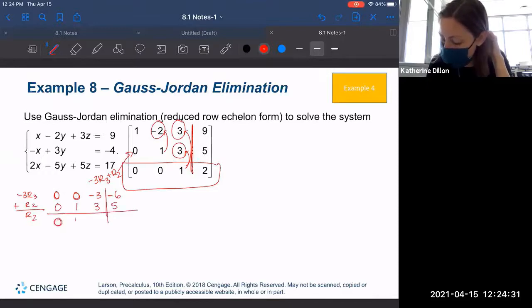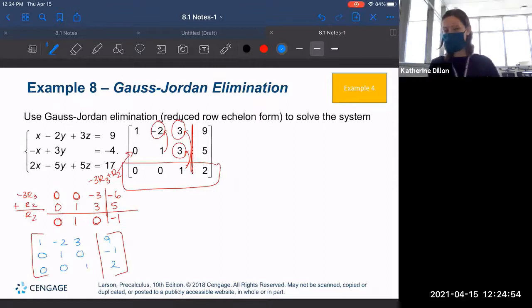Add them together, I get 0, 1, 0, -1. So that's my new row 2. I'm going to write that below. I keep my row 1 the same. My new row 2 looks like this. And I keep my row 3 the same.